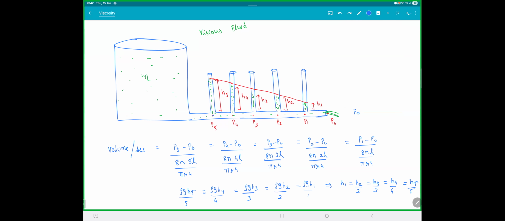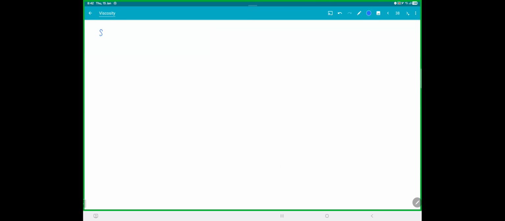Next thing is Stokes' law. Stokes' law is again completely experimental.